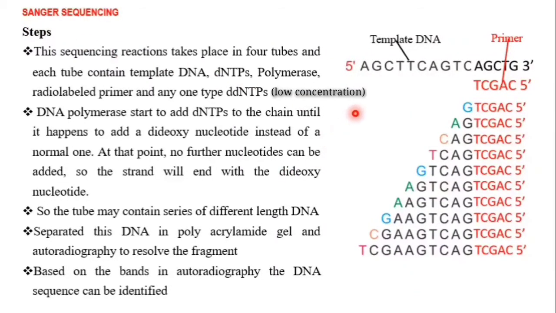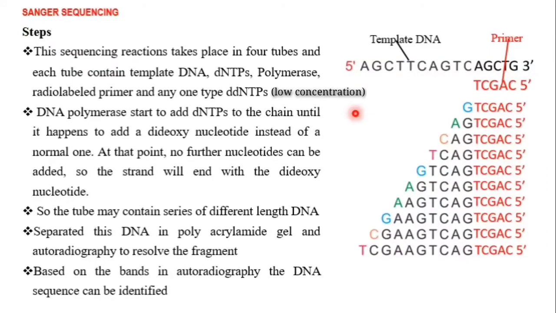These four tubes contain template DNA, dNTPs, that means normal nucleotides, DNA polymerase, and a radiolabeled primer, plus any one type of ddNTP. In one tube it may contain ddATP, in another ddTTP, another ddCTP, and another ddGTP.